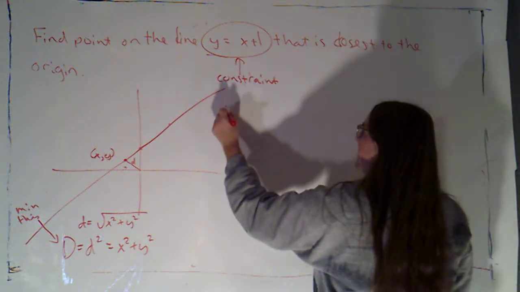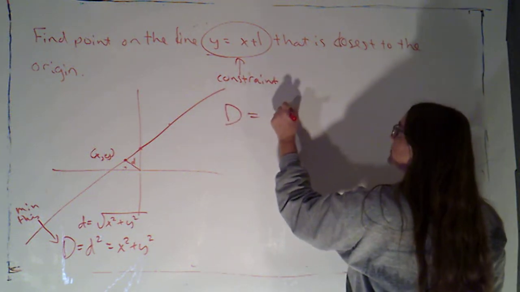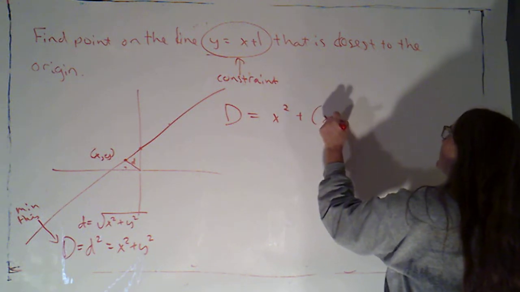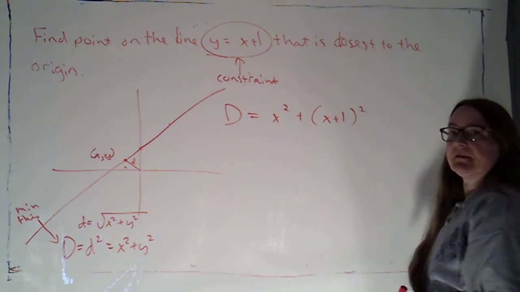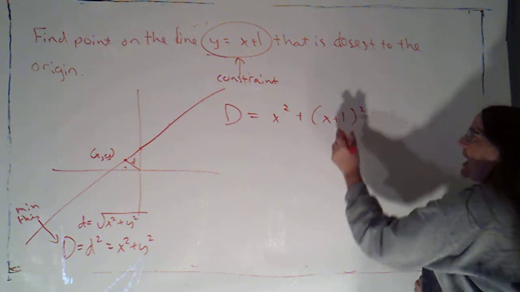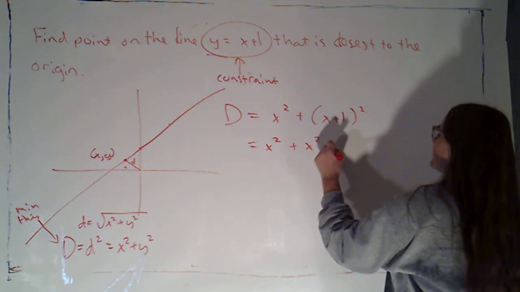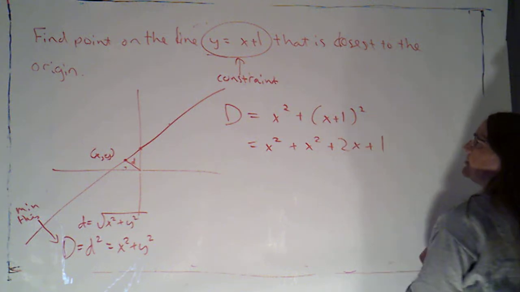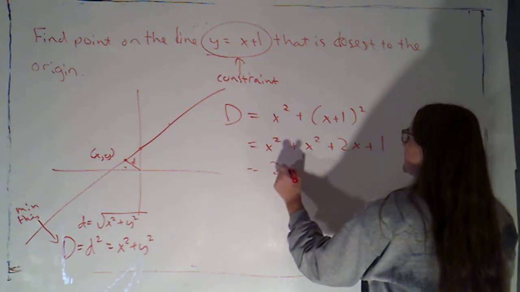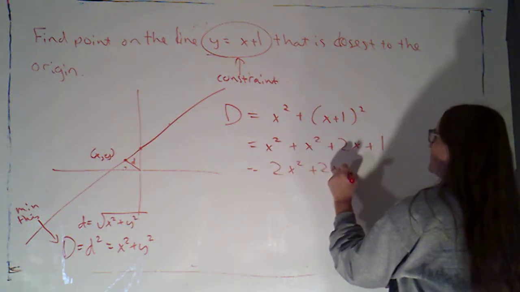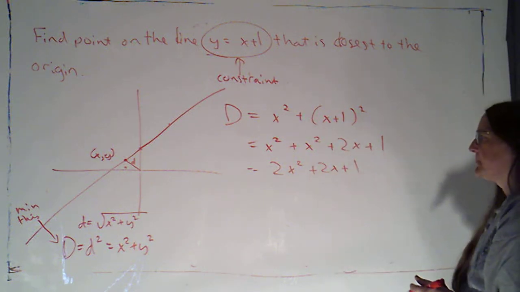I'm going to say that capital D, which was x squared plus y squared, is going to be x squared plus (x plus 1) squared. I'm going to multiply that out. That's x squared plus 2x plus 1. So that's 2x squared plus 2x plus 1.